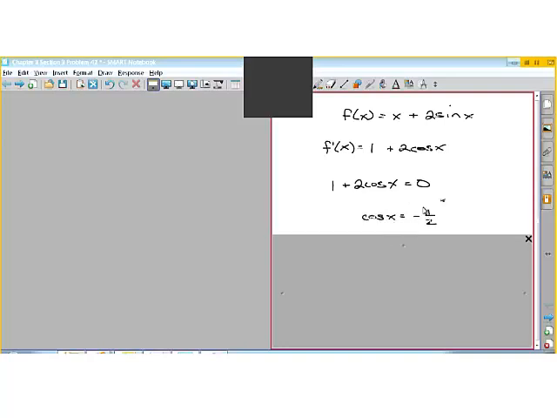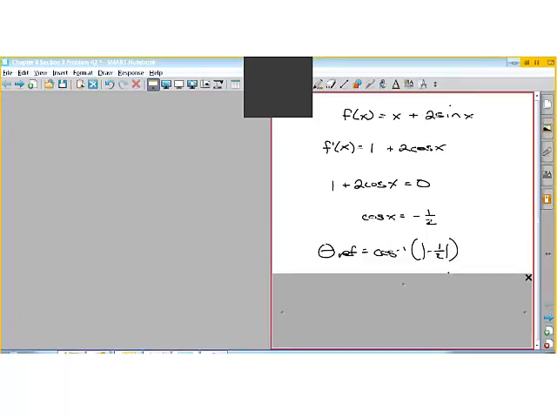So now the question is, what values of x give us cosine of x equal to -1/2? We're going to find a reference angle, then determine which quadrants it's in based upon the sign. So you take the reference angle by taking the inverse cosine of the absolute value, 1/2. We get 1.047 radians.